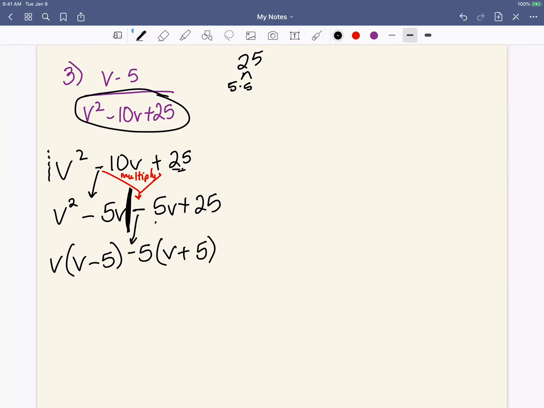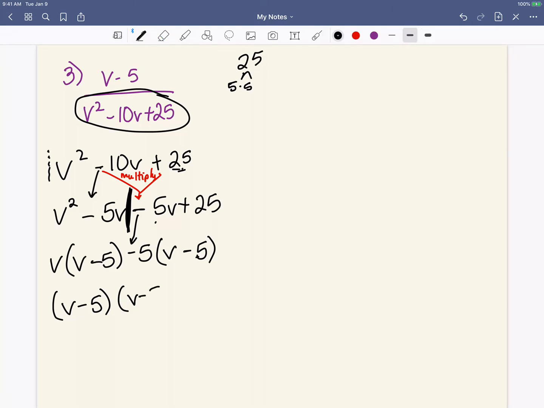So when I factor v squared minus 10v plus 25, it's going to give me v minus 5 and v. Actually, it will be both. Because if I'm factoring out a negative 5, I need a negative 5 on the inside in order to get a positive 25.